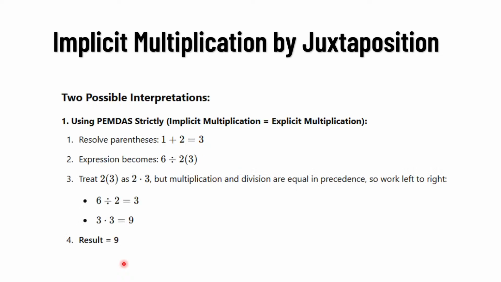Now, there are a couple possible interpretations, but if you're using PEMDAS strictly, the way that PEMDAS is normally taught, and I can tell you this is how it's really taught in North America, you resolve inside the parentheses first, you get 3, then it becomes 6 divided by 2 multiplied by 3. But again, with PEMDAS, multiplication and division are equal in precedence, so you go left to right. 6 divided by 2 is 3, and then 3 times 3 is 9.